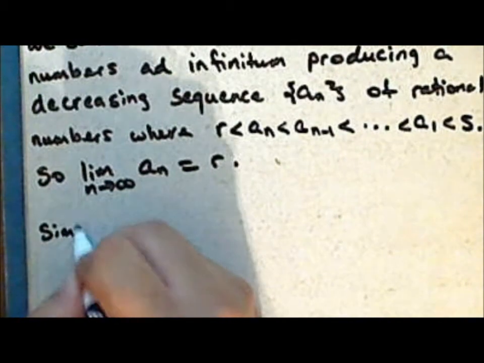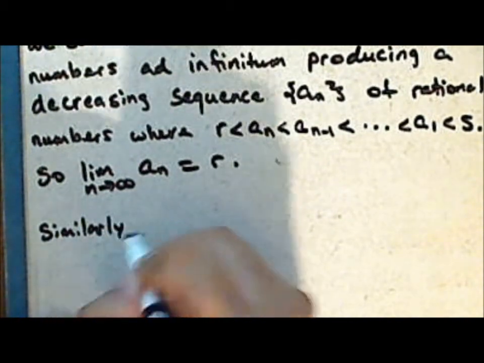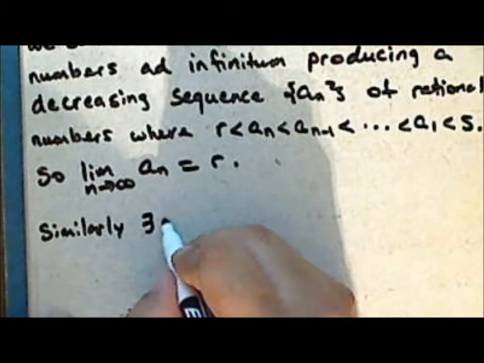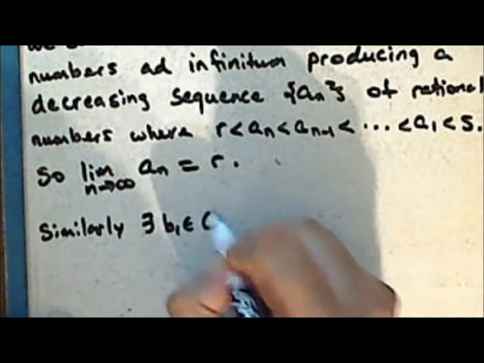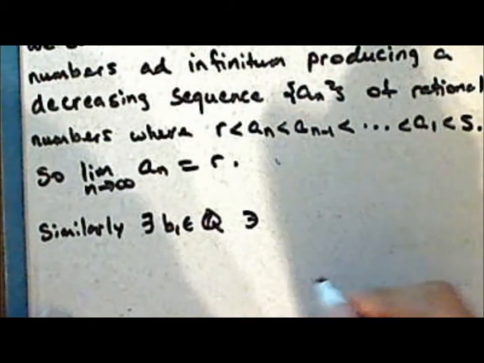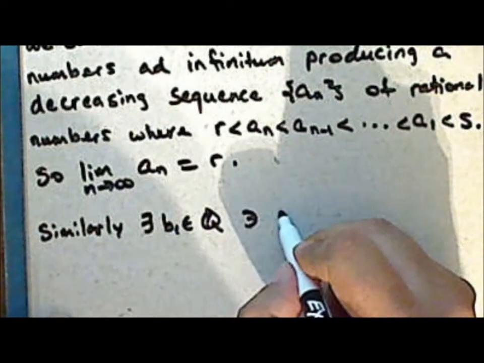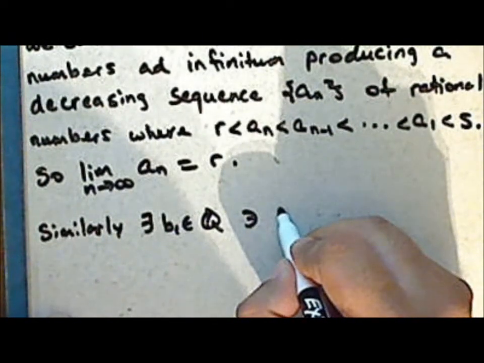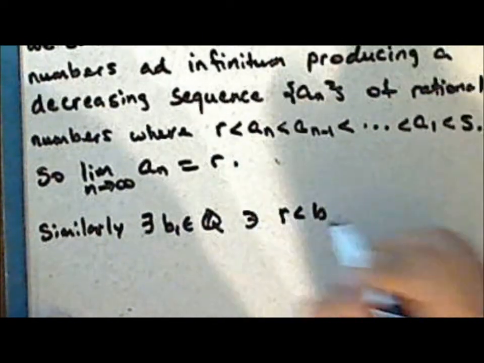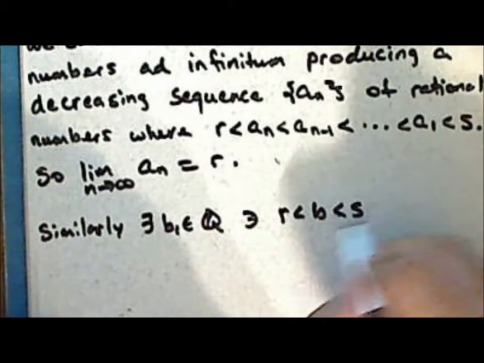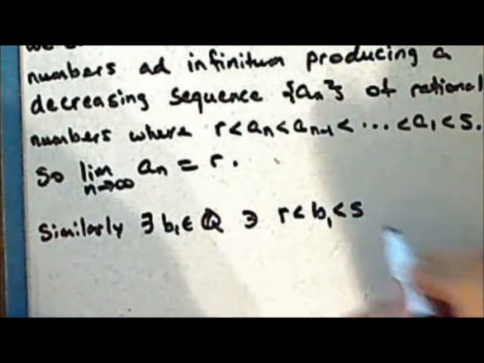Similarly, there exists a rational number b such that b is greater than r and less than s. We'll call it b sub 1.